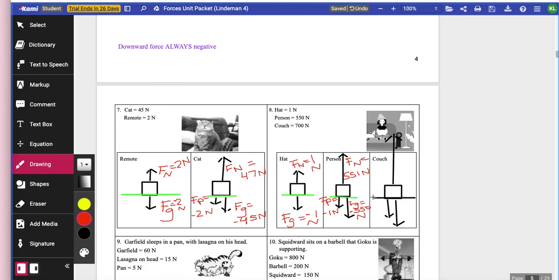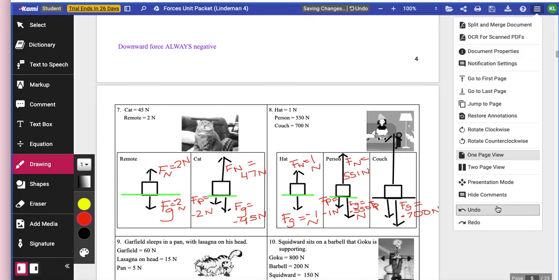Let's start with gravity force. Fg is equal to negative 700 newtons because the couch weighs 700. The push force, I feel like it's starting to get a little messy with the pen, so hold on a second.